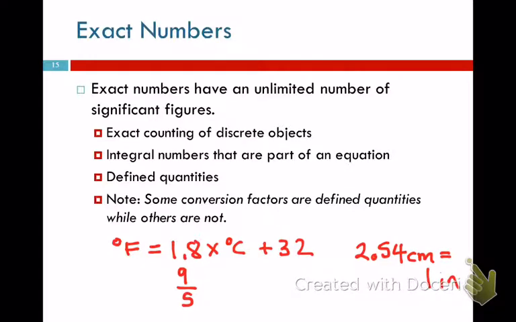It turns out that's a definition. Everything is actually based on the meter, and then they define the inch in terms of centimeters or meters, as 2.54 centimeters equal to 1 inch. That's the definition. So those are exact numbers as well, just because they're defined that way. You'll see this is important later when we do calculations.